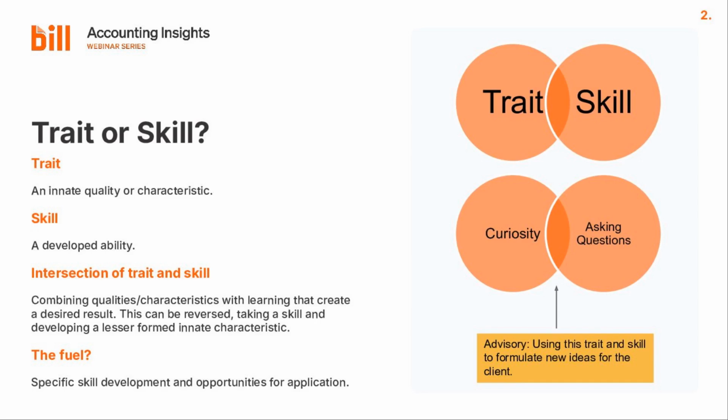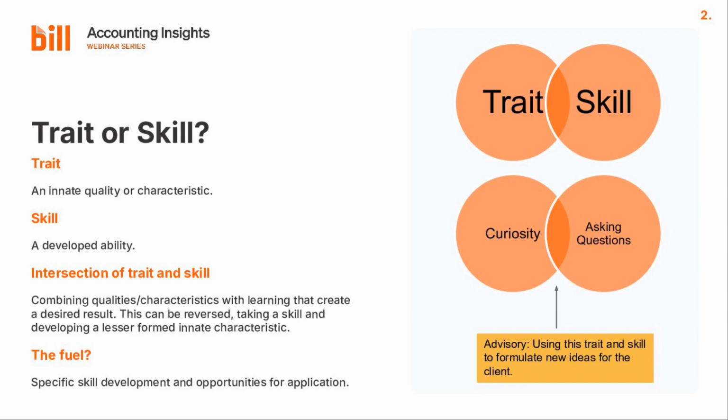What I like to do is look for the intersection of trait and skill. In my example, curiosity is a trait, and when we have that trait of curiosity, we can apply it to the skill of asking great questions. I've given you some questions already on the previous slide, but asking questions is a skill, an ability that we can develop over time.